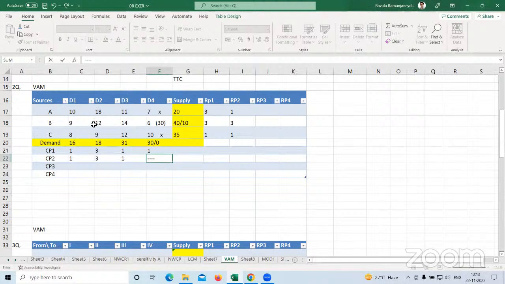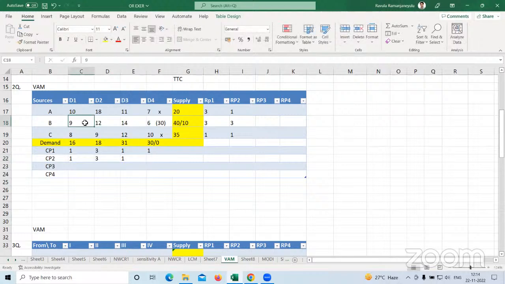So among this row and the column wise, if you search, the column wise, 9 is the least one. Two nines are there, the least is twice we are getting. Very good. So in these two nines, whichever the cost is less, that is to be allocated first. So here if you see this 9, row wise total 35, column wise 80.